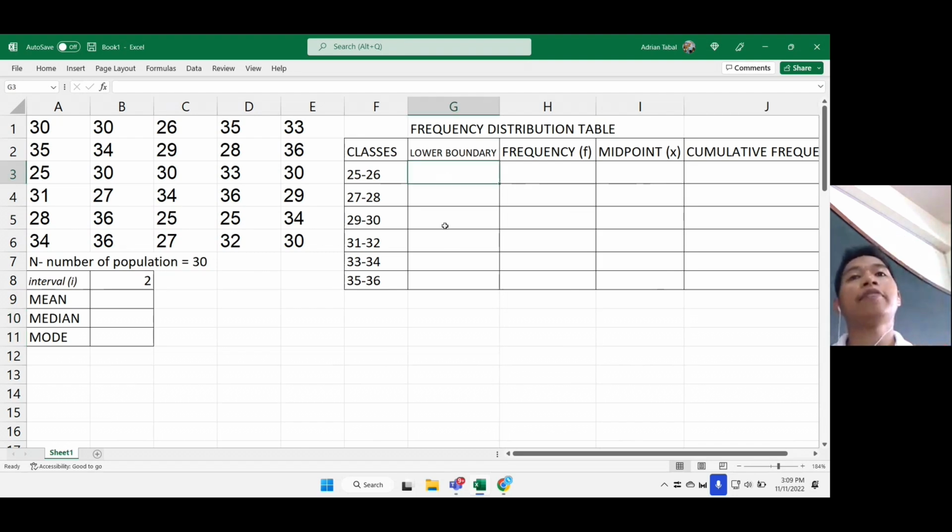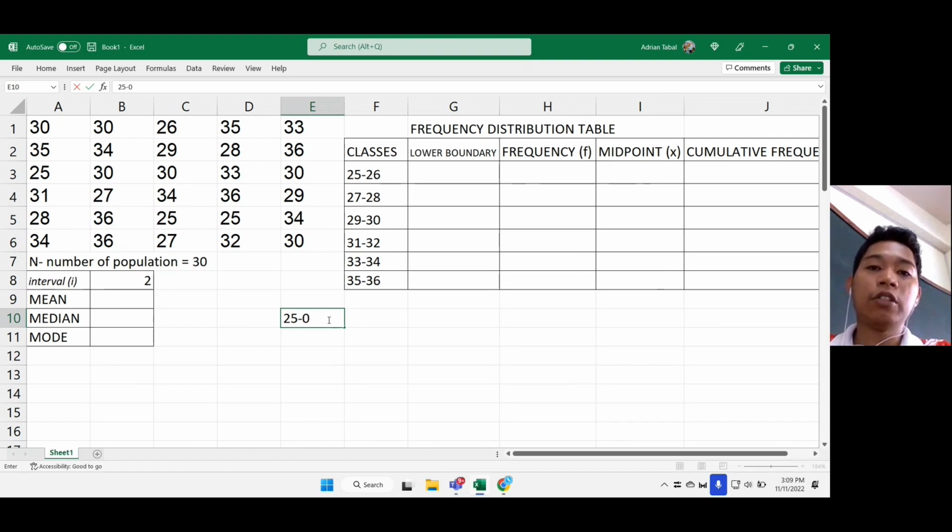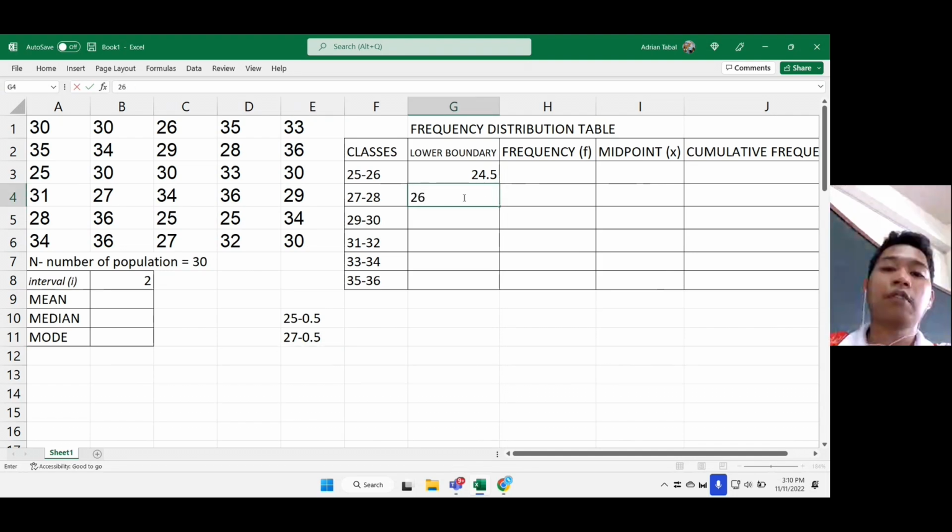First, we are going to answer what the lower boundary is. To get the lower boundary, all you need to do is subtract 0.5 from the lower limit. So 25 minus 0.5 is 24.5. The same goes with 27 minus 0.5, that is 26.5.